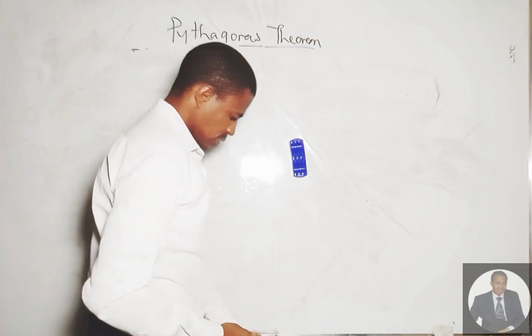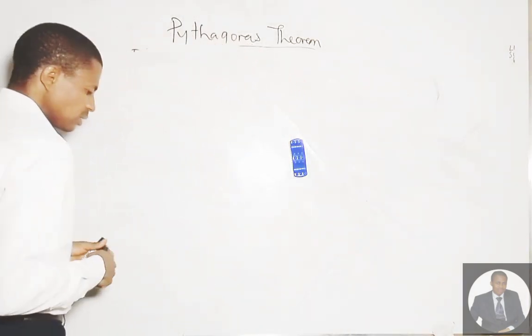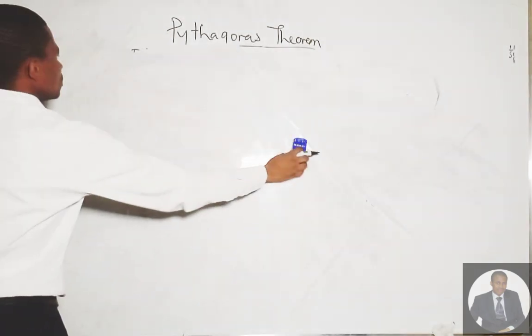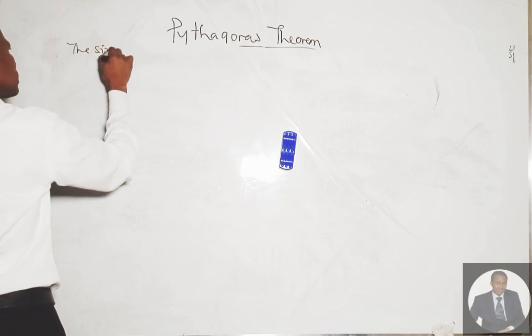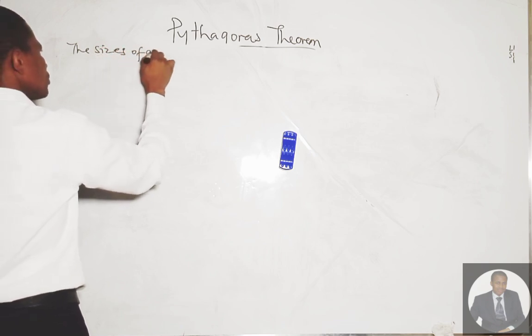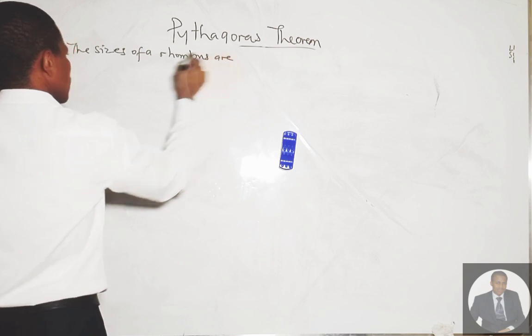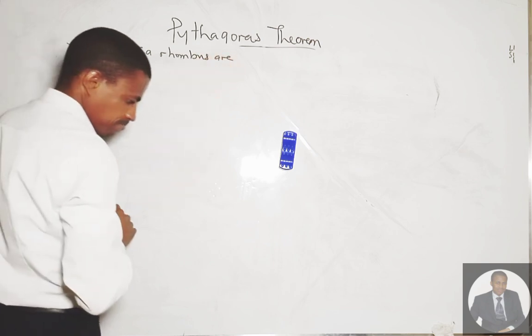Let's look at yet another question. The sides of a rhombus are 17 centimeter long.